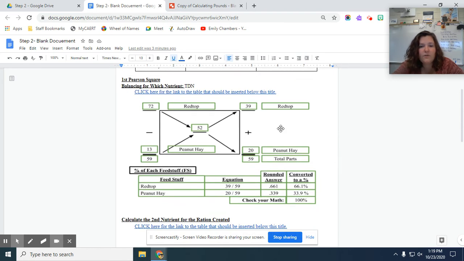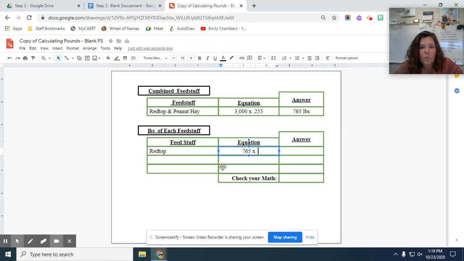So you got to go back to this first table and you're going to use these decimals right here. So for red top specifically, it's 66.1, so we're going to do 0.661.